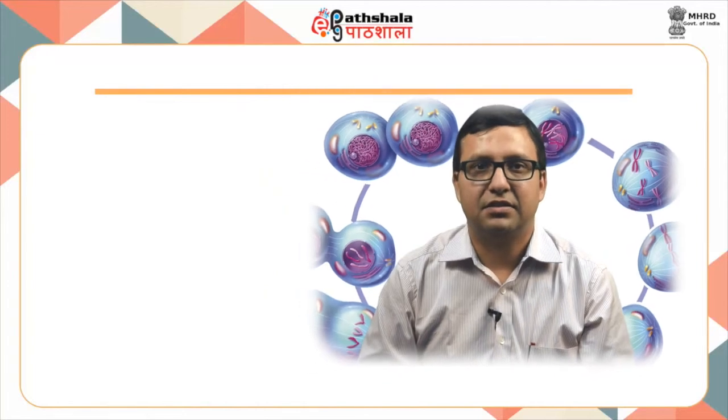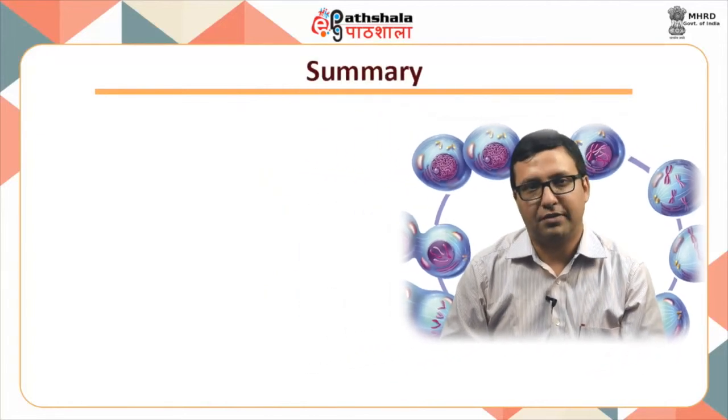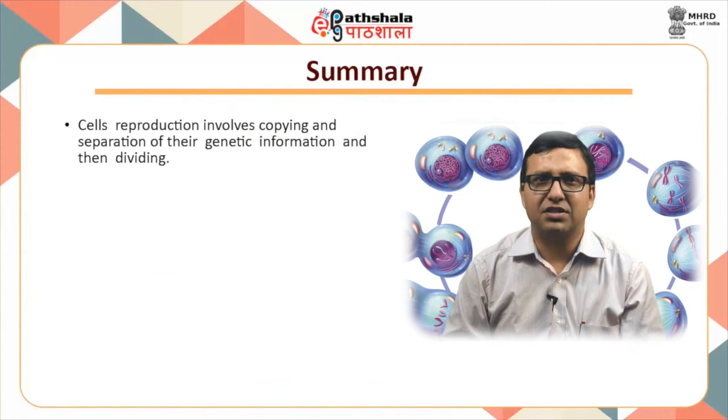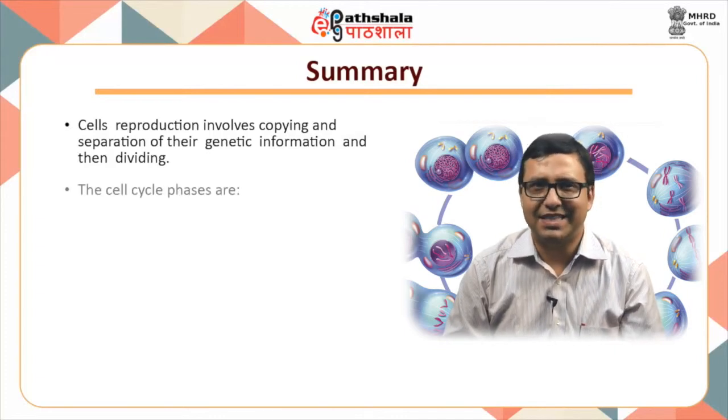Finally, let us now summarize what we have learned in this module so far. Cell reproduction involves copying and separation of genetic information and then dividing into two daughter cells. The cell cycle phases are interphase and M phase.